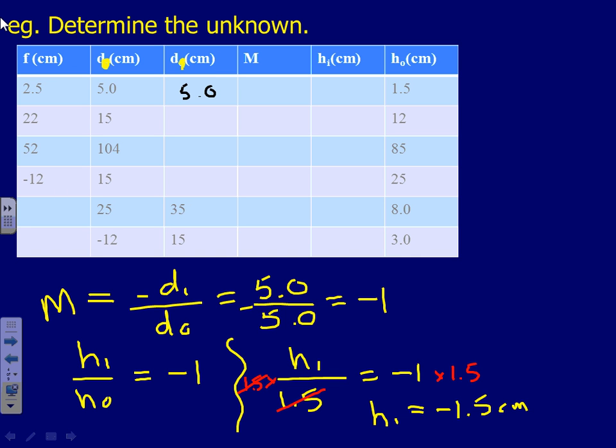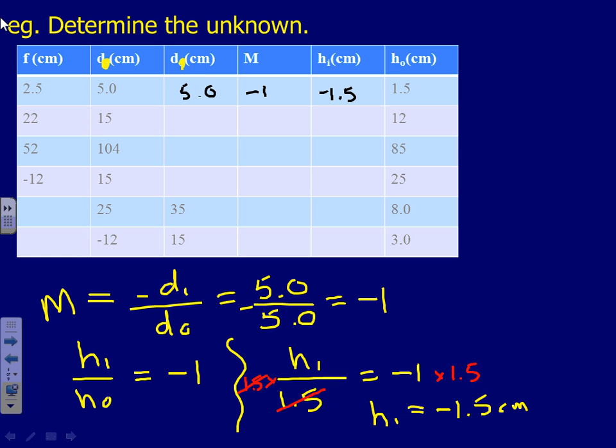All right, so I now have here a magnification of -1, and here the HI is -1.5. If we think about this, if I have a focal length of 2.5, where's the radius? 5.